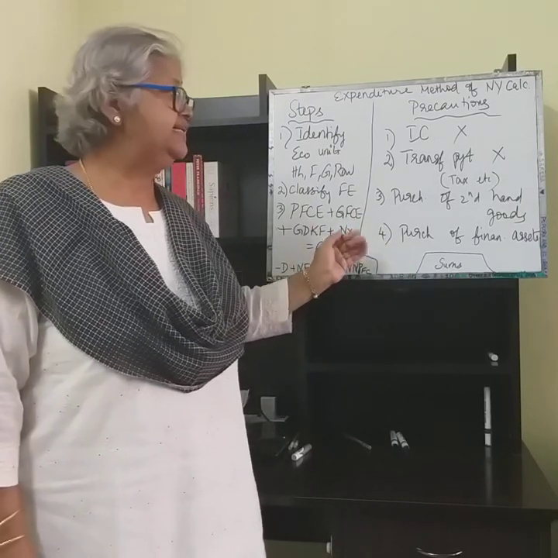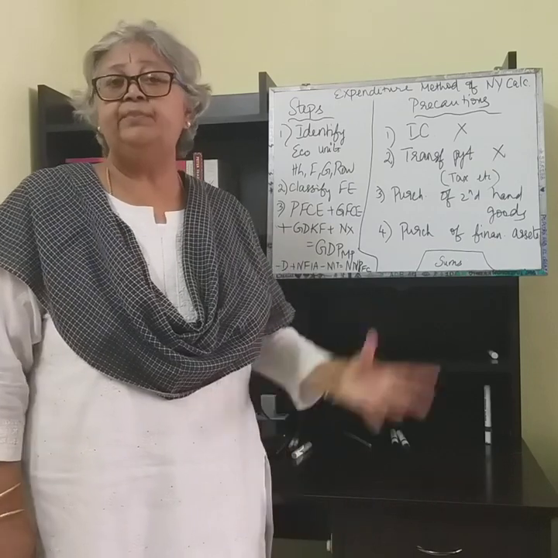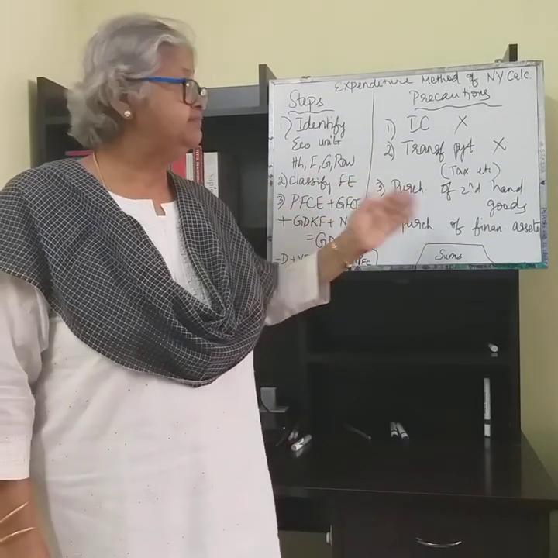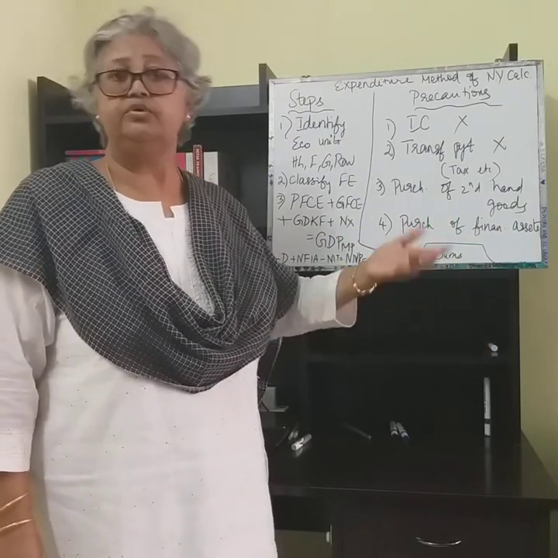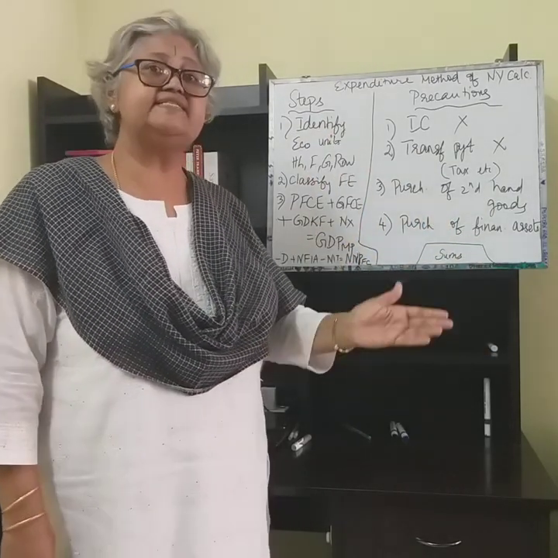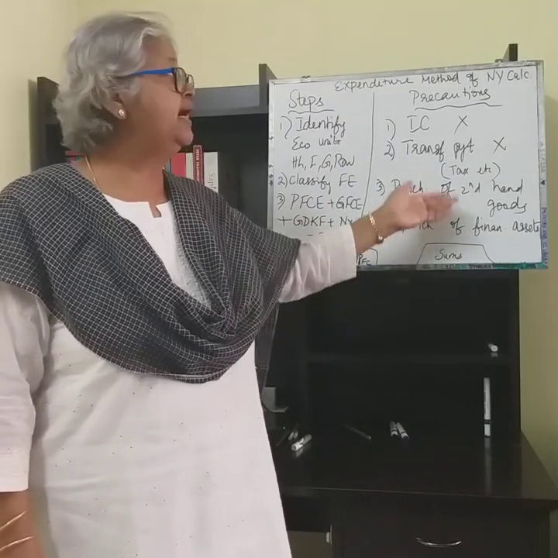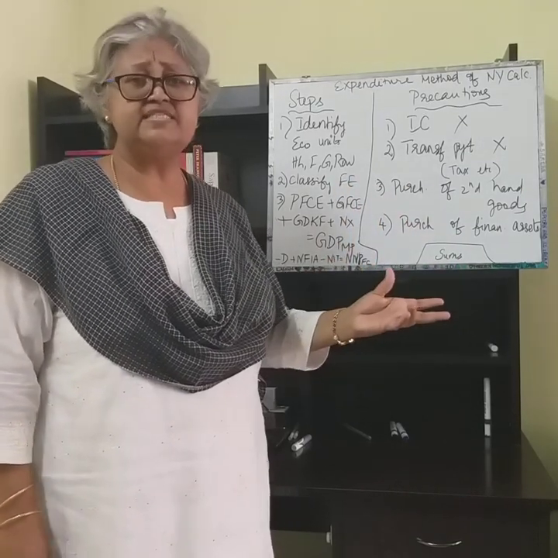The fourth one is purchase of the financial assets, like purchase of shares and bonds, right? They are not to be included under this particular method because they are only the financial transfers.